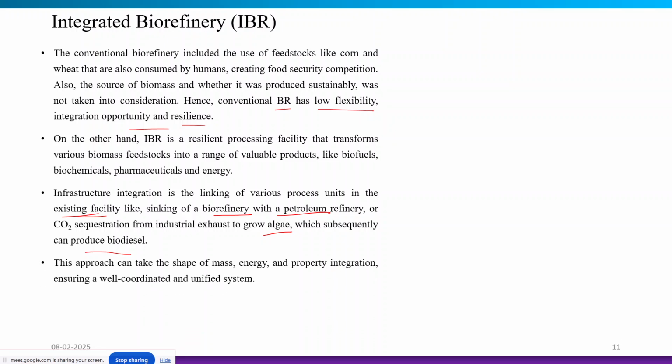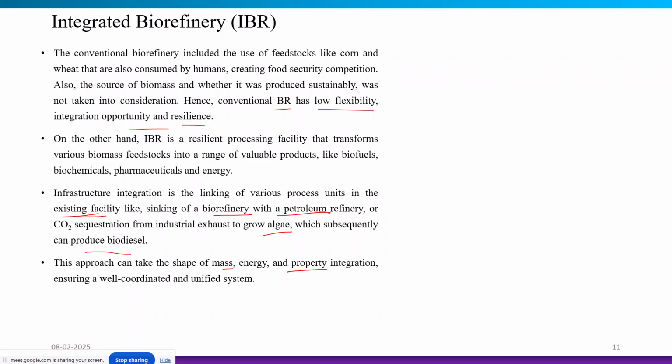This kind of integration of the biorefinery with the existing petroleum refinery can take the shape of mass, energy, and property integration, ensuring a well-coordinated and unified system.